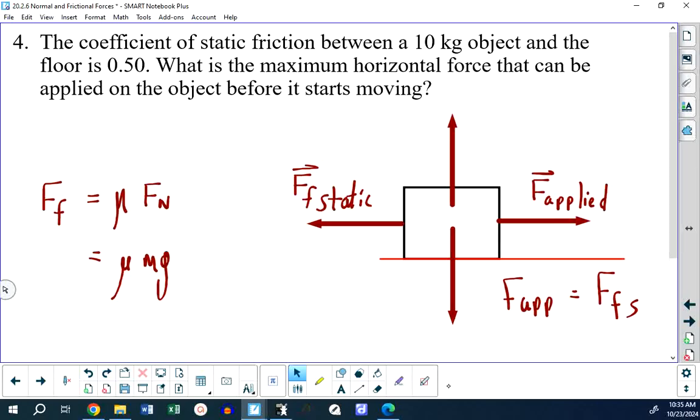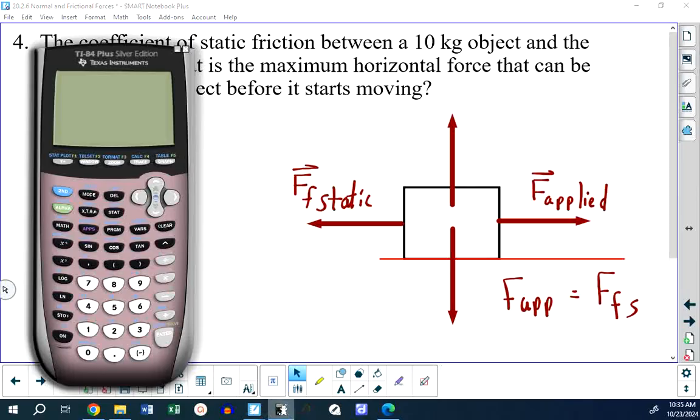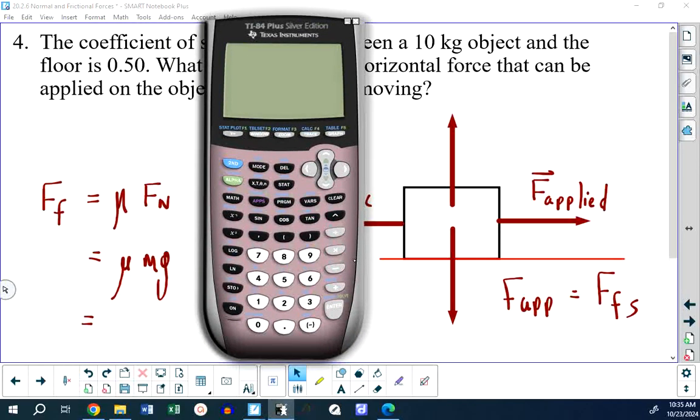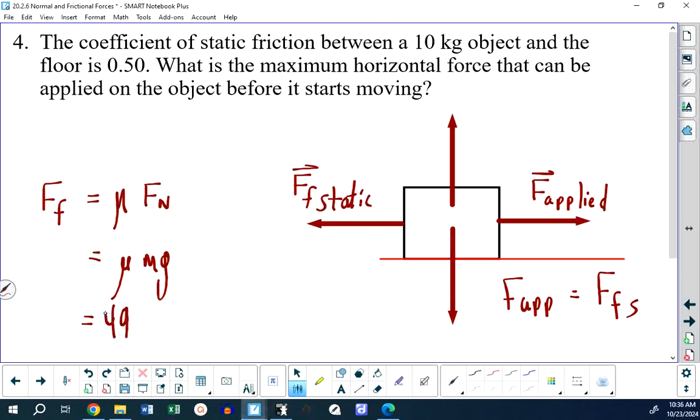So if we take 0.5, which is mu, we multiply that by 10 kilograms, we multiply that by 9.81 newtons per kilogram, we get the force of friction, which is the applied force needed to get it to move, 49 newtons. It's all about substituting in different forces for forces that we need to use or find because they happen to be the same.